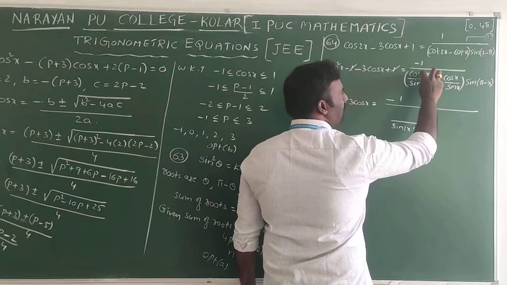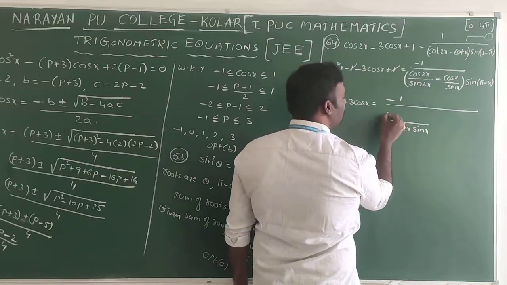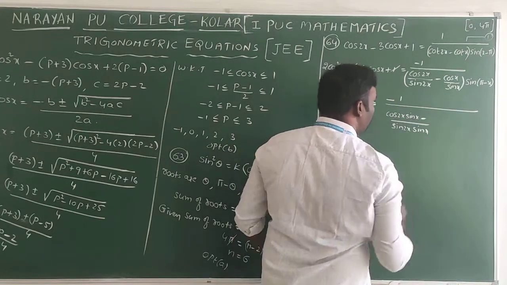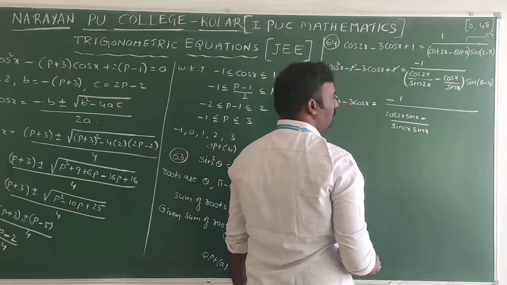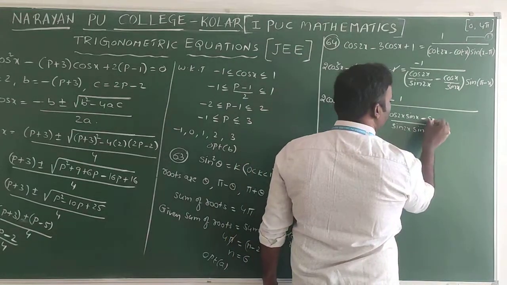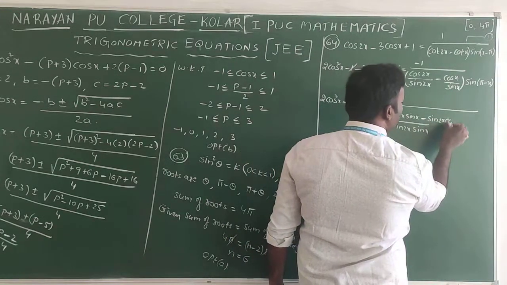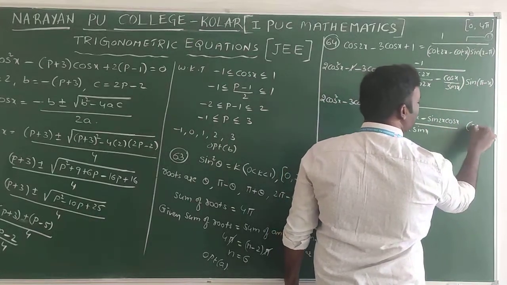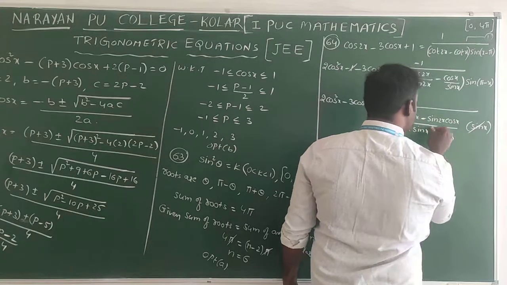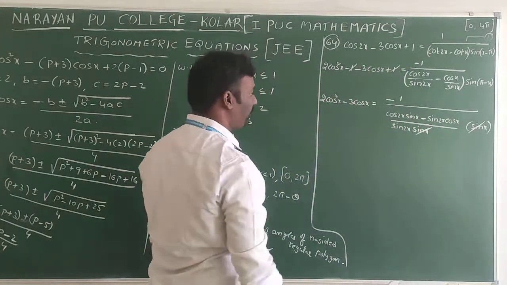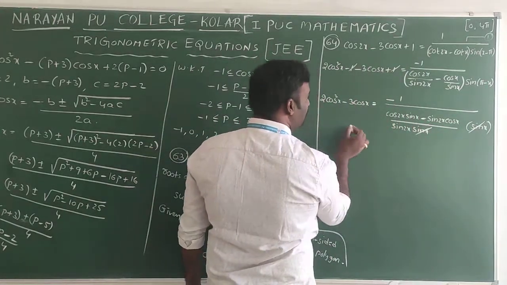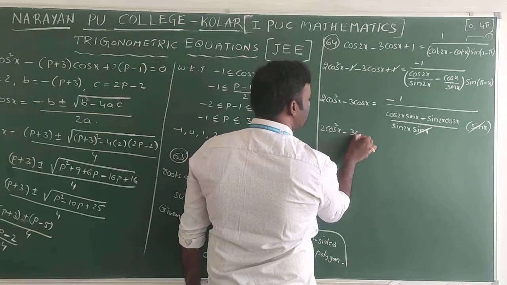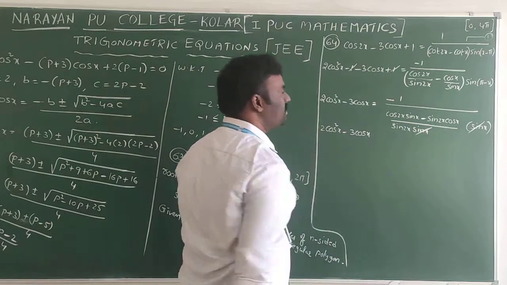If you cross multiply, cos 2x into sin x minus sin 2x into cos x. Sin(180 minus theta) is nothing but sin theta. Now sin x gets cancelled. Now that equals 2 cos square x minus 3 cos x.